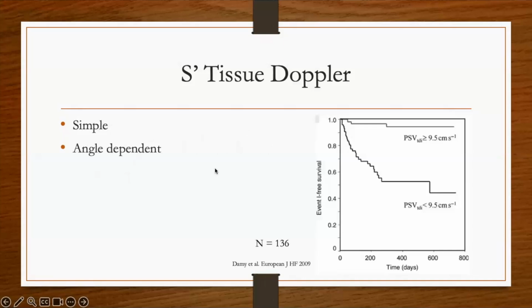It is again a simple measurement to do, similar to TAPSE. It is angle dependent, and it is also again prognostic, with this study by Damy showing that cutoffs over 9.5 centimeters per second had higher event-free survival.